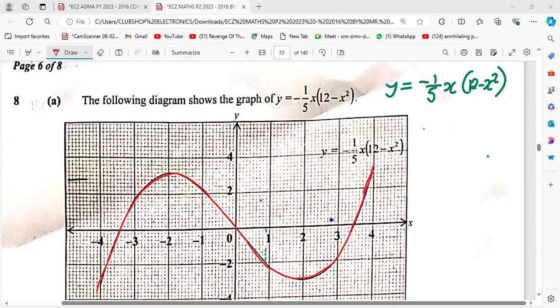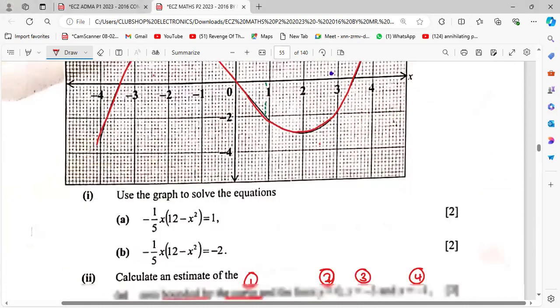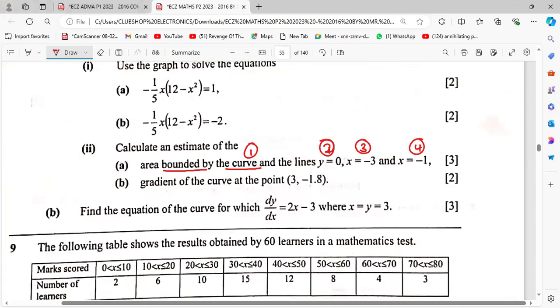Okay, I'm asking which line represents y is equal to 0. Is it the x-axis or the y-axis? I think it's the y-axis.